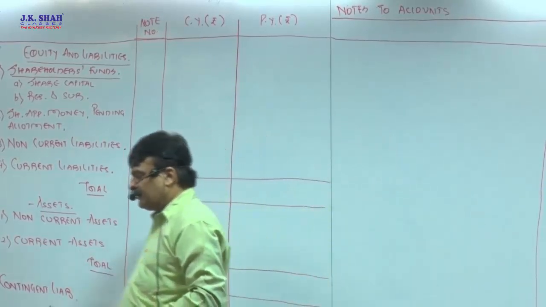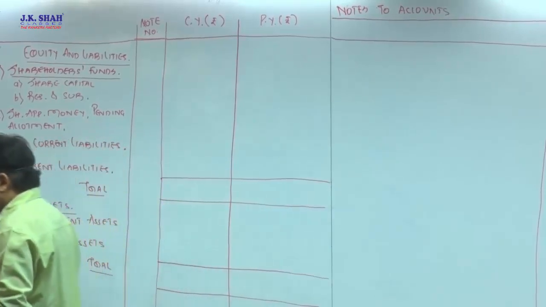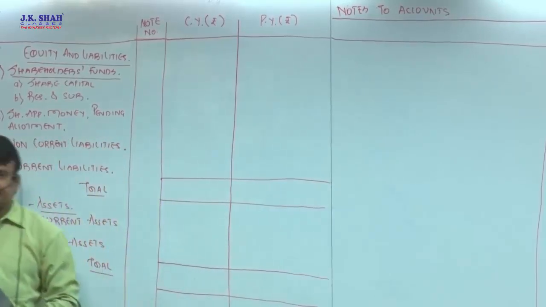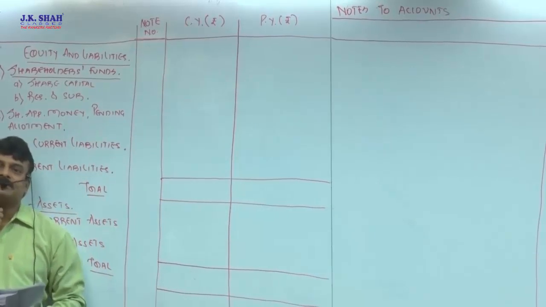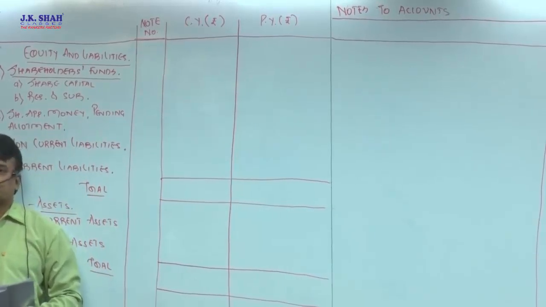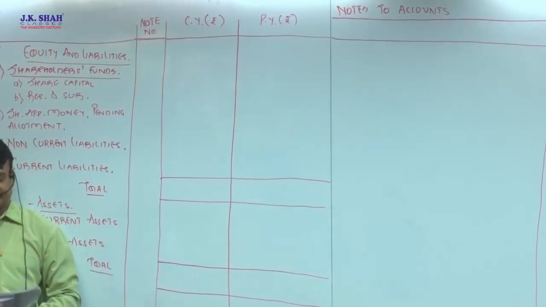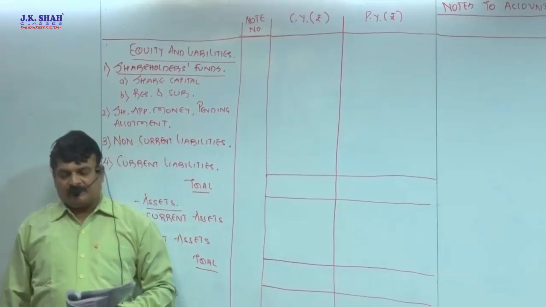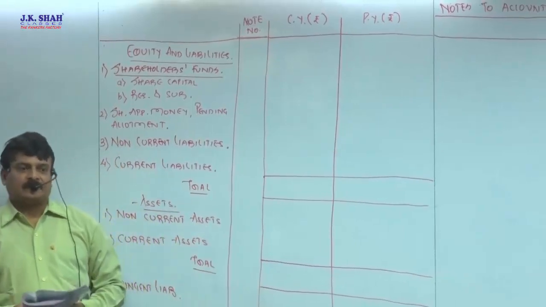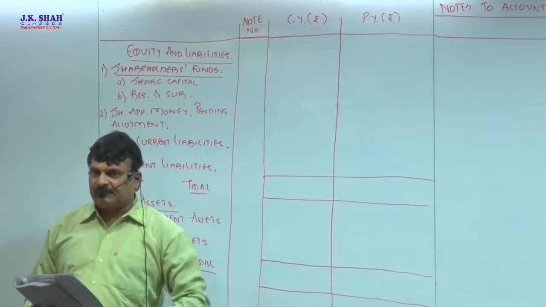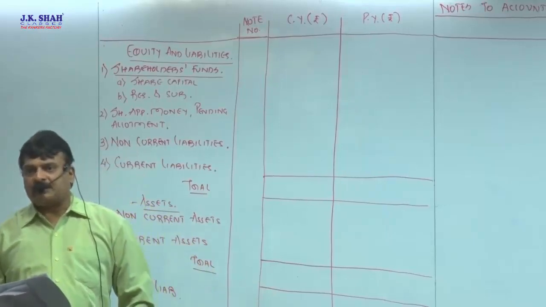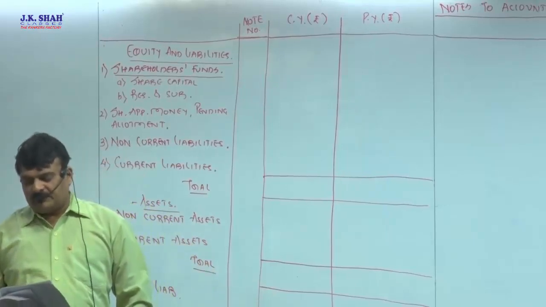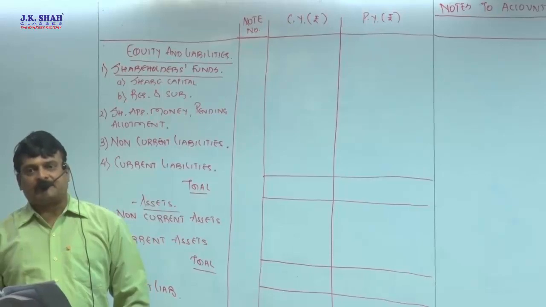In that point number 1, shareholders funds. A, share capital. Just increase your speed of copying and writing also. B, reserves and surplus.